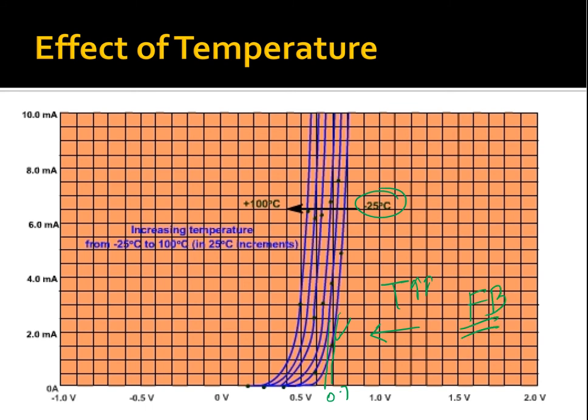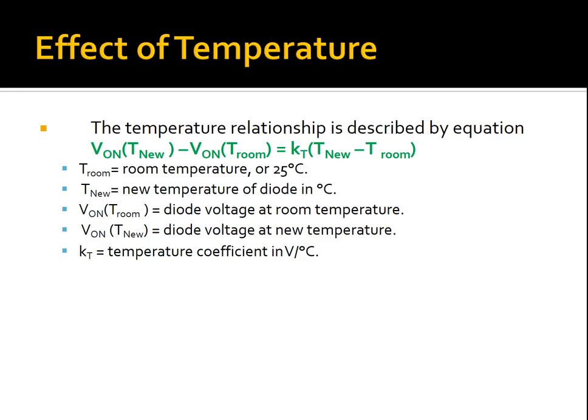Now let's see what happens in the reverse bias. Before going to the reverse bias, we can categorize the change in turn on voltage using this equation.